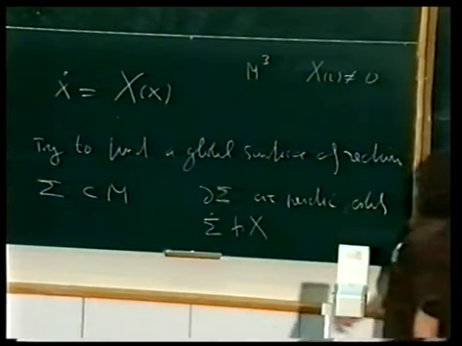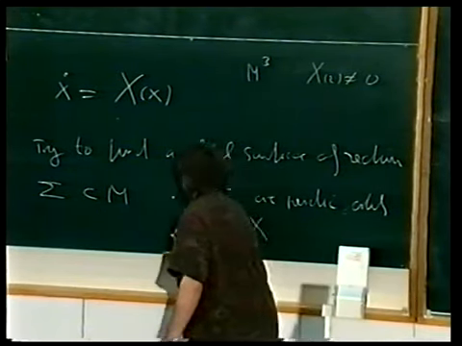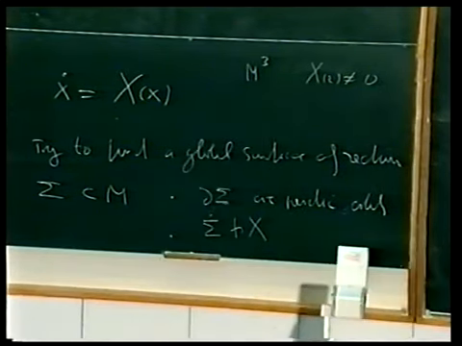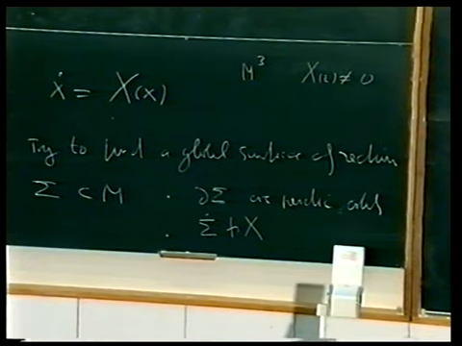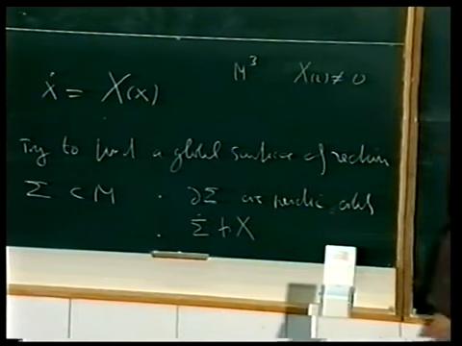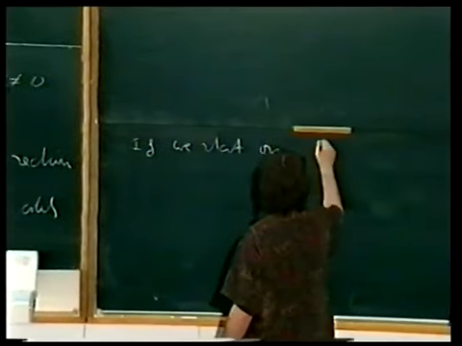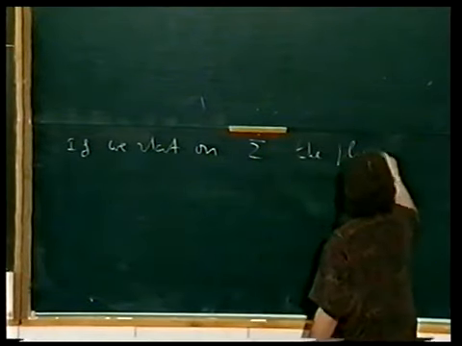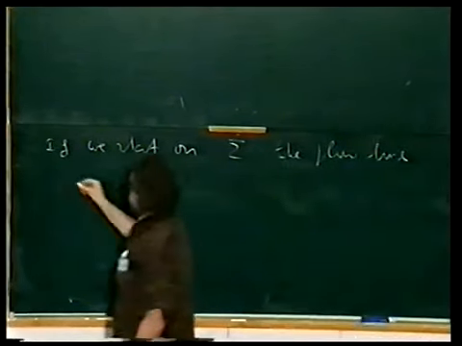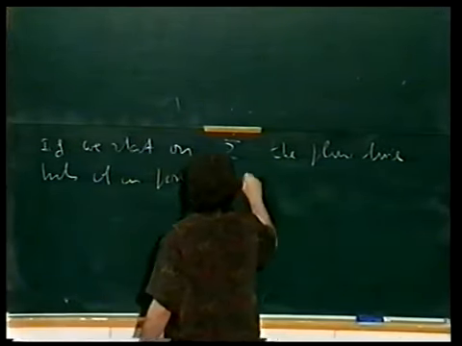And then the surface itself has the property that the interior of the surface is transversal to the flow, and now a global property, namely, if we start on the interior of the surface, the flow line hits it again in forward time.